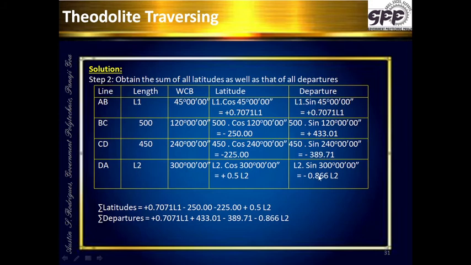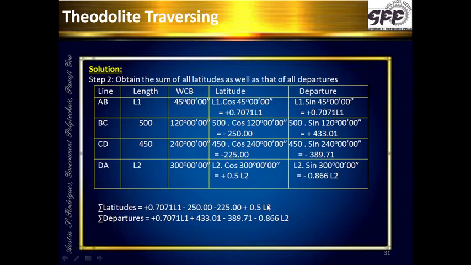Now finding the sum of all departures, that is 0.7071 L1 plus 433.01 minus 389.71 minus 0.866 L2. So in this way we have performed step 2, that is, obtain the sum of all latitudes as well as that of all departures.